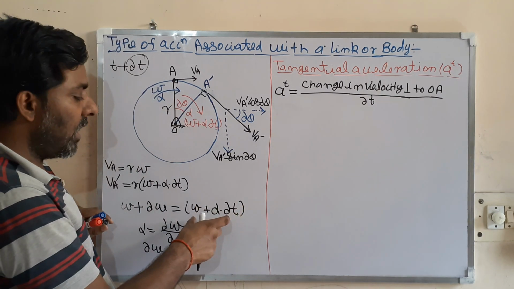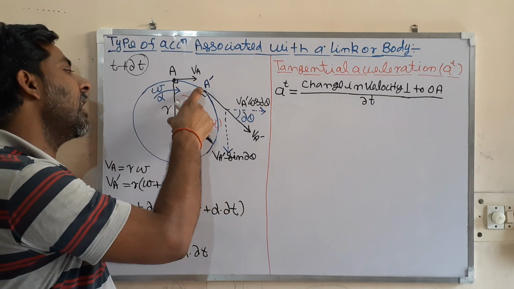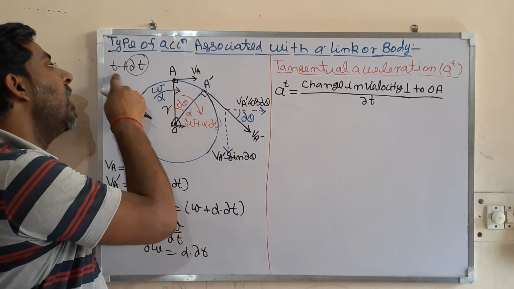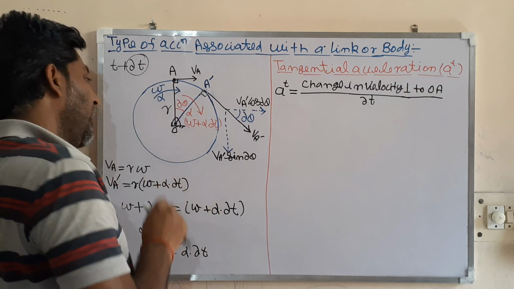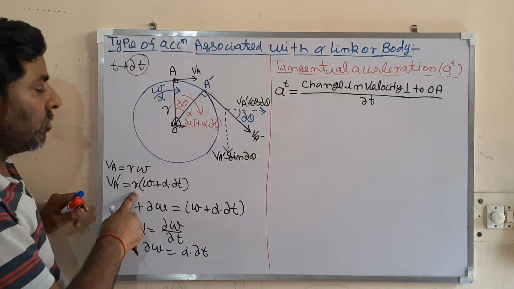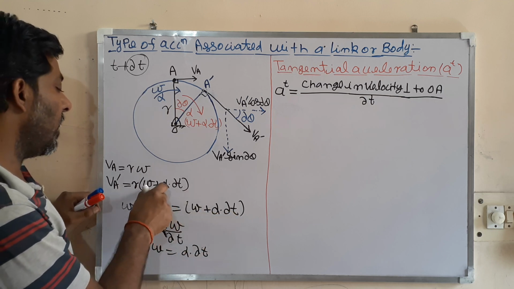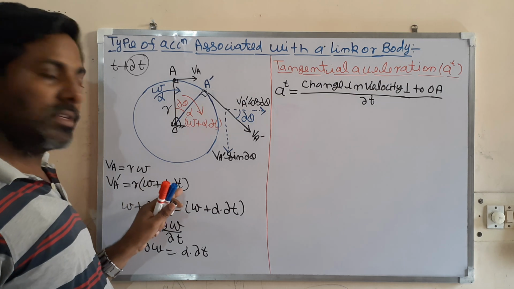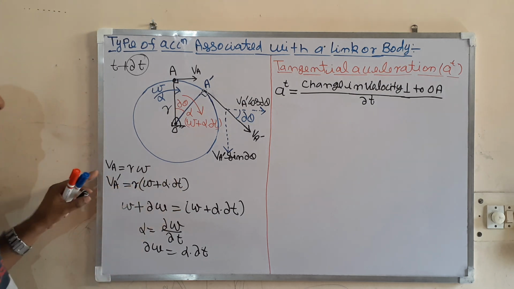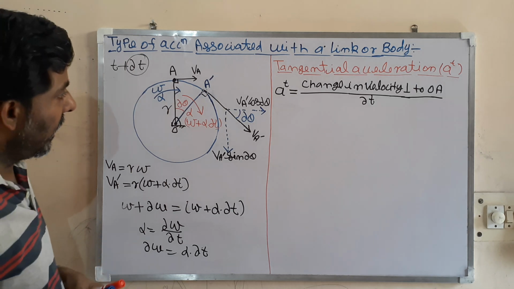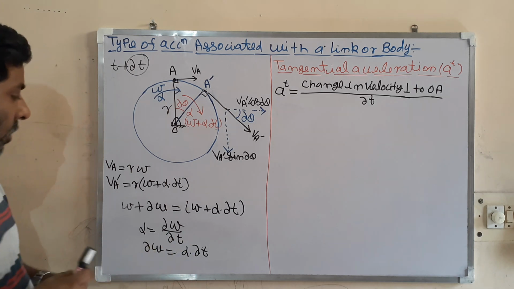This will be the angular velocity of link OA dash at time t plus del t. So the velocity of point A dash, VA dash, is r into omega plus alpha del t. So you know the velocity of point A, and you know the velocity of point A dash.